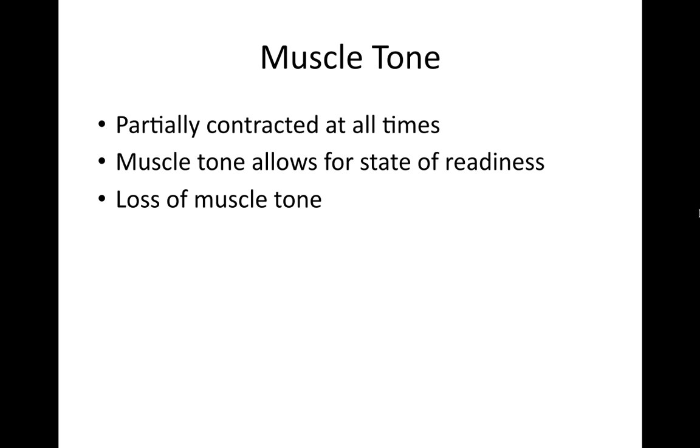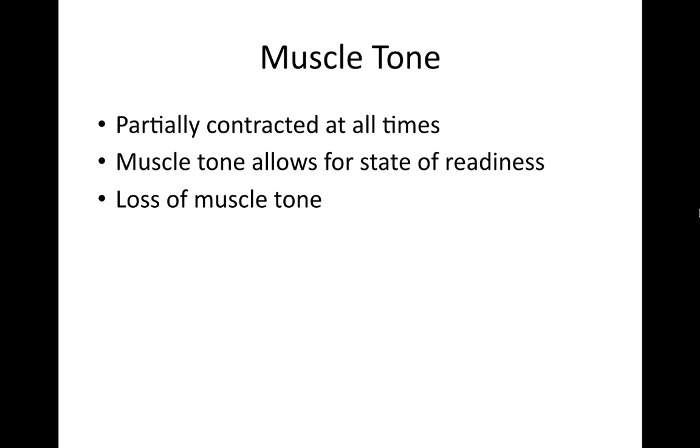Okay. So there is a term called muscle tone. Muscle tone is the state of your muscles being able to contract at all times. Okay. And your muscles don't just stay completely relaxed. When they extend, they're still partially contracted.